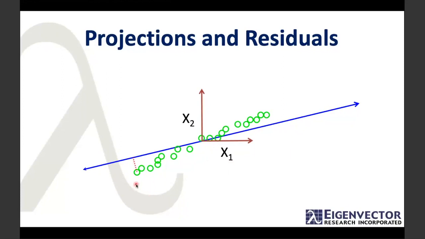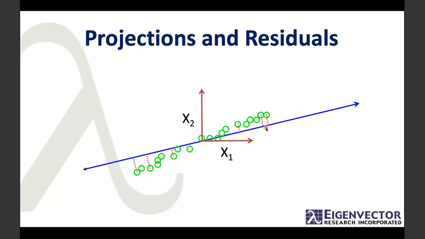It is a line from that data point which is orthogonal to this blue line of interest. So I'll do that for that data point there, one here, one here. And as we go on the other side of the origin, you can see I'm focusing on the data points which are rather far away from the blue line.